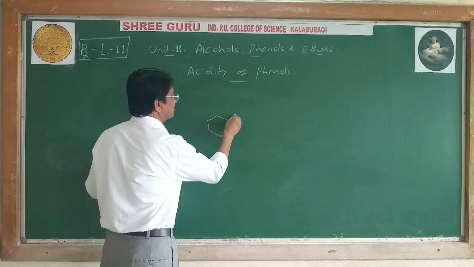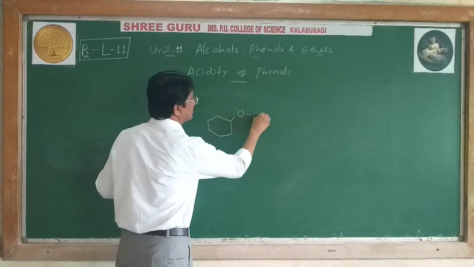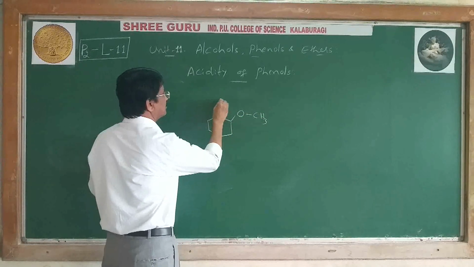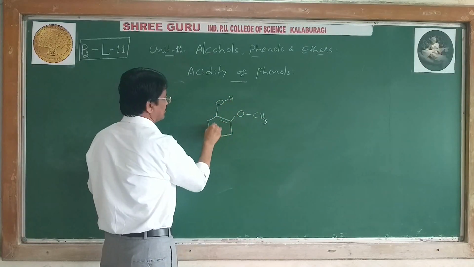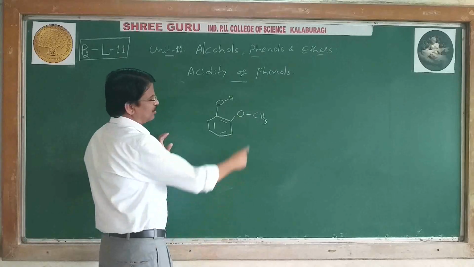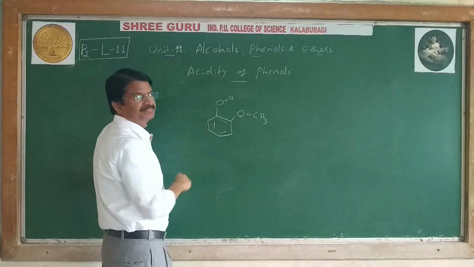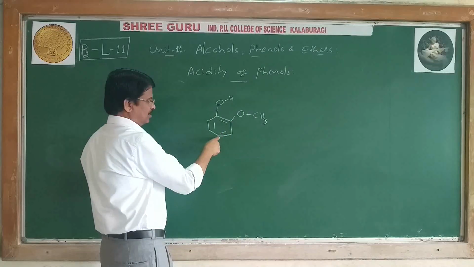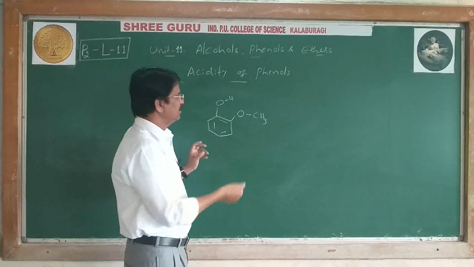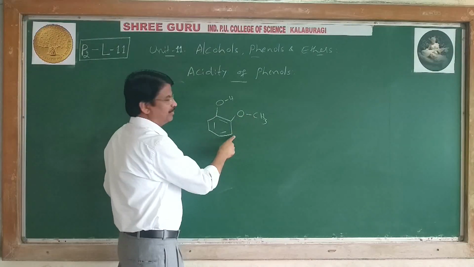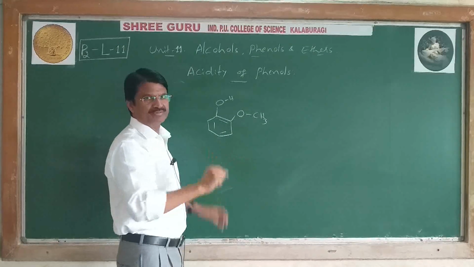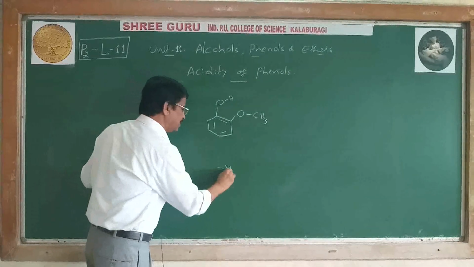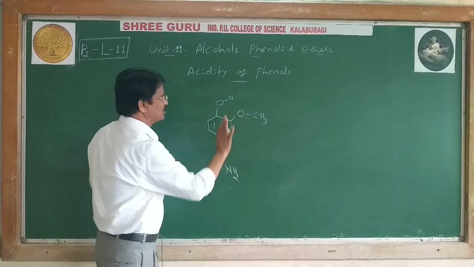See here. It is called methoxyphenol: ortho-methoxyphenol, meta-methoxyphenol, para-methoxyphenol. Similarly, ortho-aminophenol, meta-aminophenol, para-aminophenol. It may be an amine group or methoxy group.